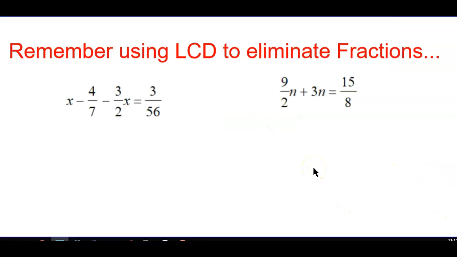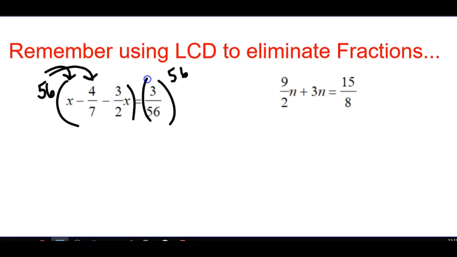Okay, this is just a quick review of how we did these at the beginning of the year. There are no x's in the denominators, but what we did was we figured out the common denominator here. Let's see, 56 is divisible by 7 and 2. So if we multiplied everything all the way through by 56, we should really write it this way on both sides, I know.